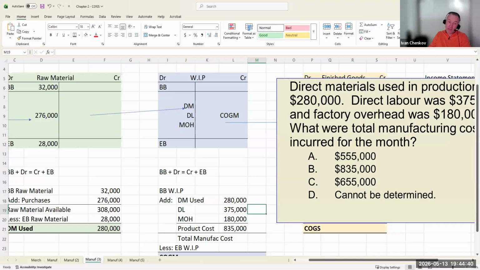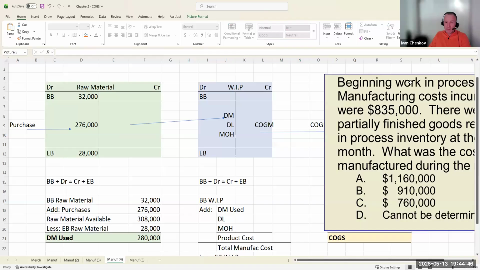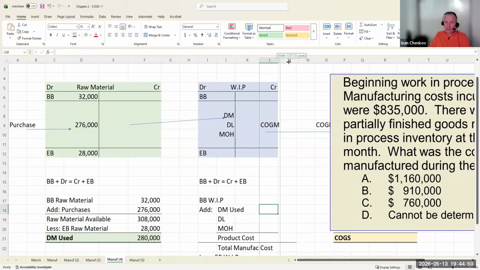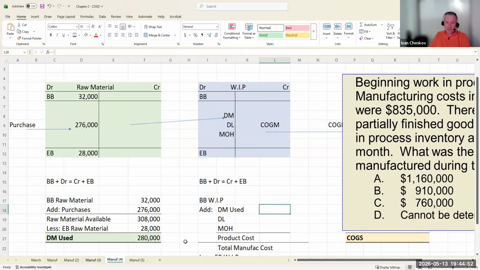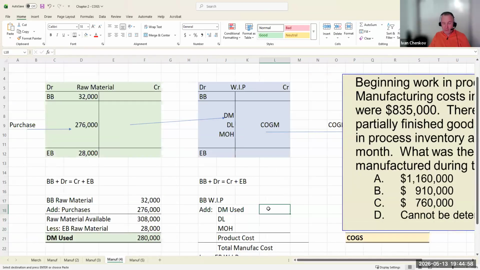Stop sharing this, move to the Excel spreadsheet, and see what we're going to find there. So what I have here, that now I have to move to manufacturing 4. Once I move to manufacturing 4, I have to add this one here. Now I have two options. I can copy it from this question and move it to manufacturing 4. And once I paste it, I'm going to have this cost.